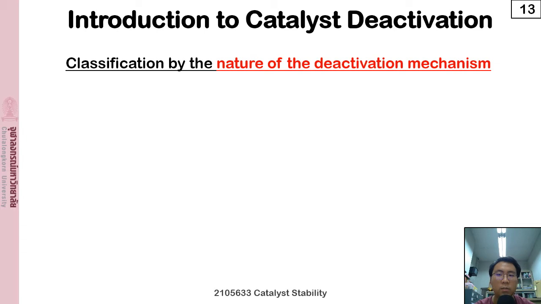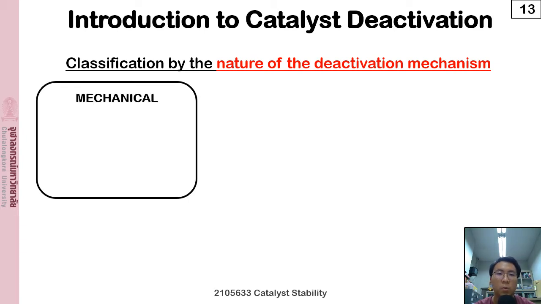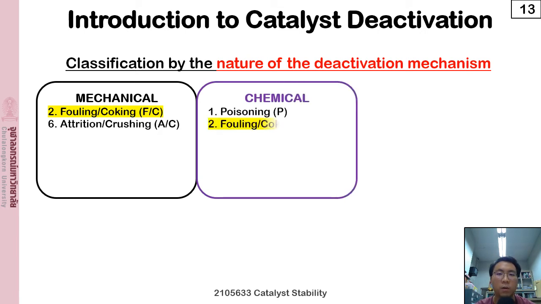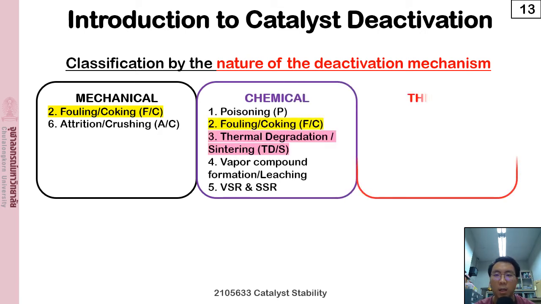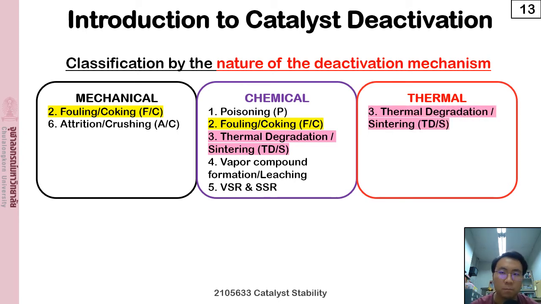Based on the 6 types of catalyst deactivation, we can group them by the nature of the deactivation mechanisms. The first one is the mechanical, followed by the chemical, and the last one is the thermal.